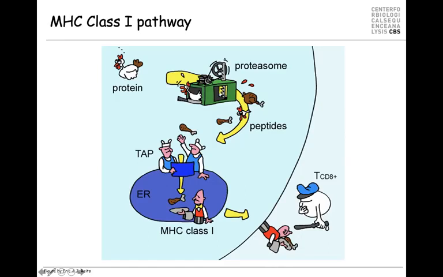So if a cell here is infected with coronavirus, then some peptides out here on the surface bound to MHC will come from proteins from the coronavirus genome. These peptides can be recognized by these T cells, and if that happens, the T cell will induce apoptosis of the infected cell. It's really an effective way to clear infections.